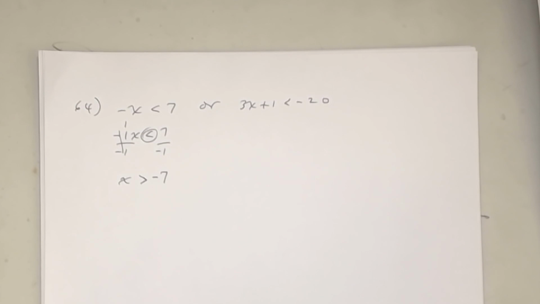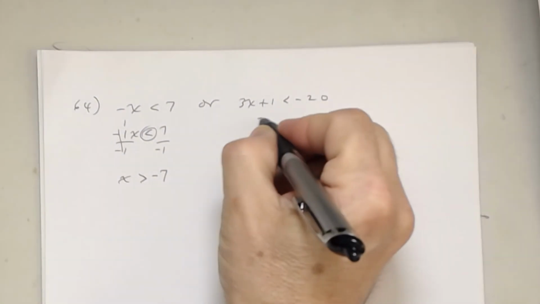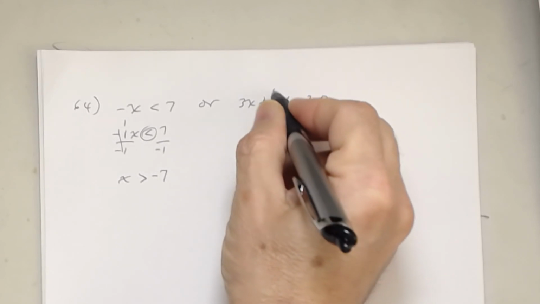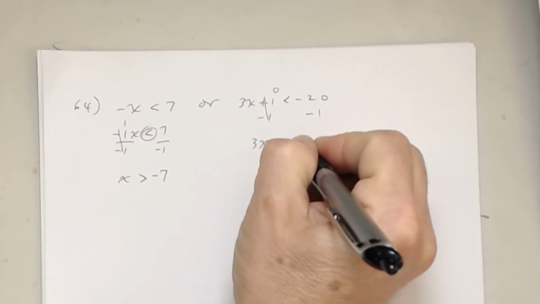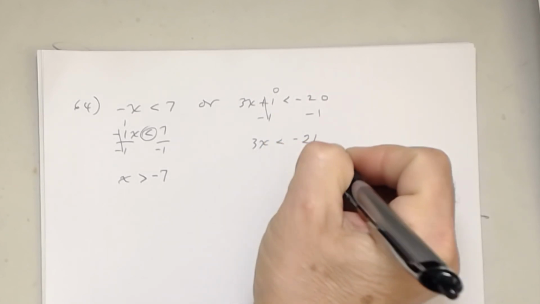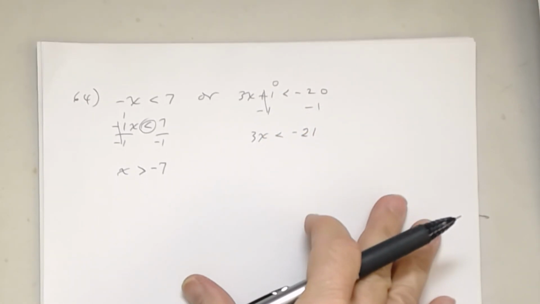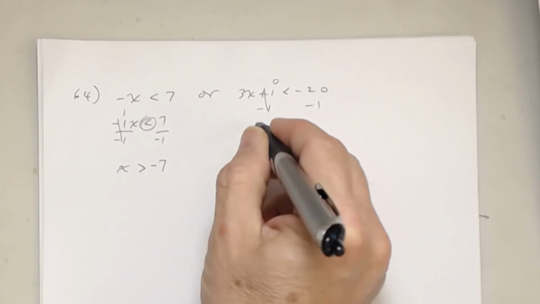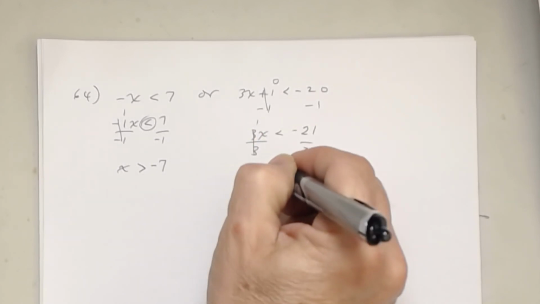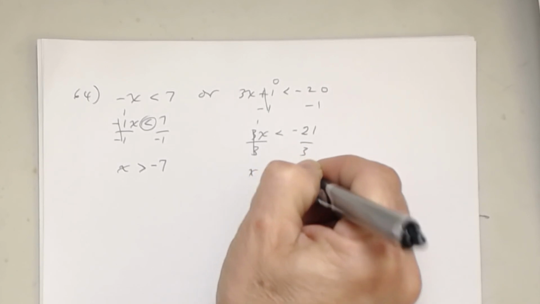Okay? All right, now the next one. Subtract 1 from both sides. Okay, combine like terms. I get 3x is less than negative 21. Next step, divide both sides by 3 and then reduce. So that's going to be 1x, or x is less than negative 7.